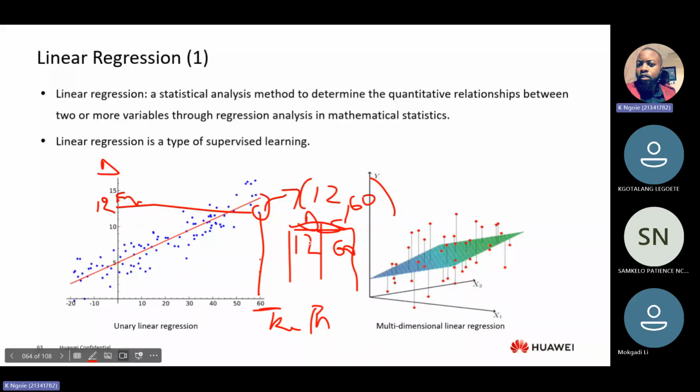Maybe this one here will be maybe a 30 and then 5, something like that. So when we have 5 here, we have 30 kilometers per hour. Can you see? So now all these data have their own information. All these are samples. So this point here represents a sample.